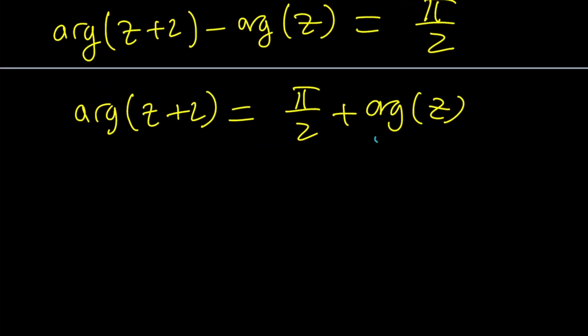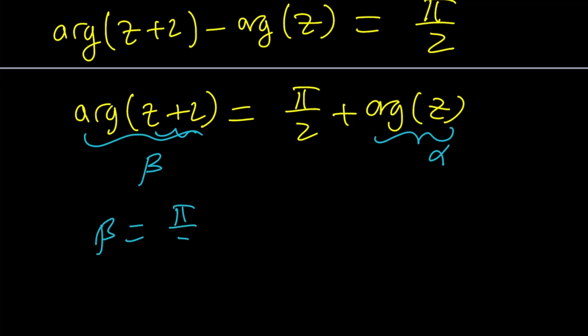Let's call this angle alpha, and the whole thing I can call beta, but beta is going to be pi over 2 plus alpha. Okay, makes sense?